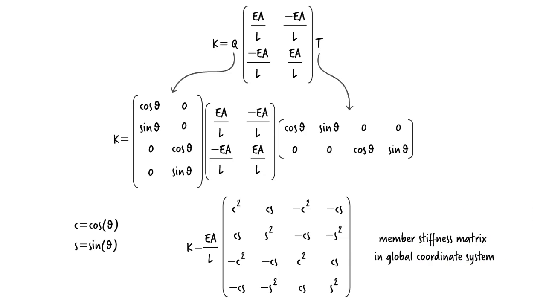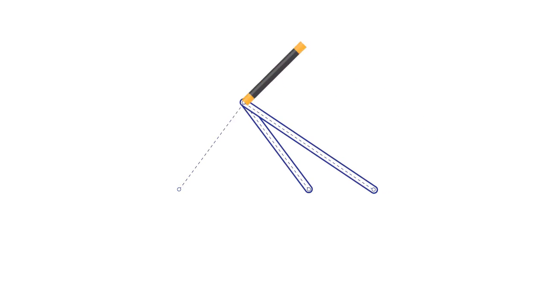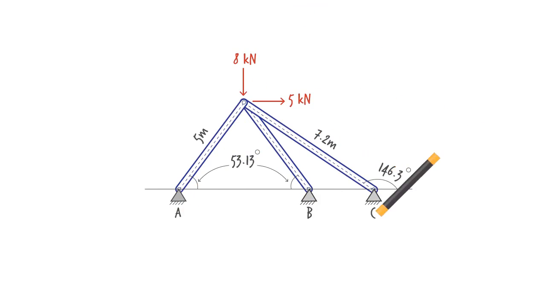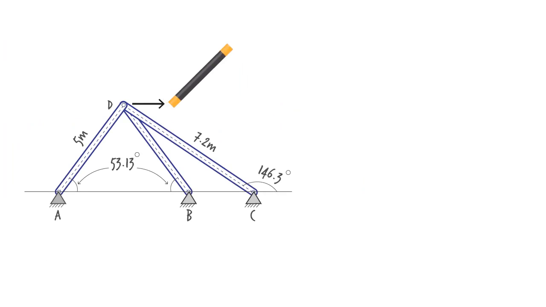Let's put this to use and analyze a simple indeterminate truss. Consider this 3-bar truss. The structure has only 2 degrees of freedom. We can label them D1 and D2.